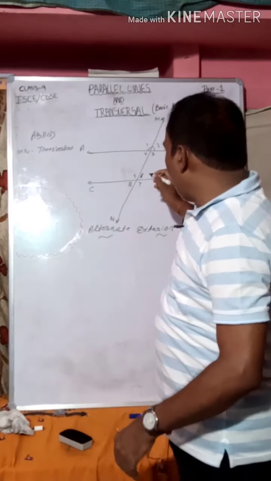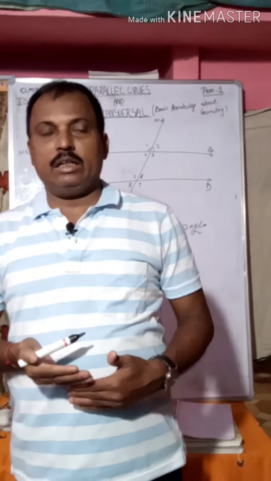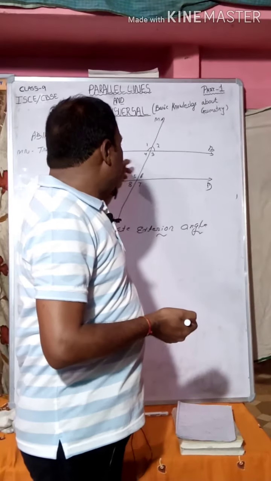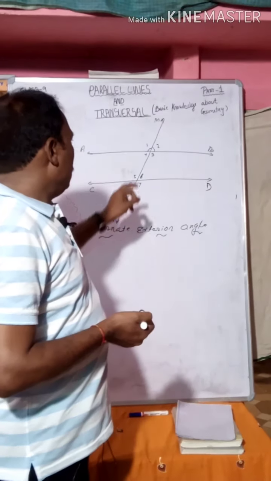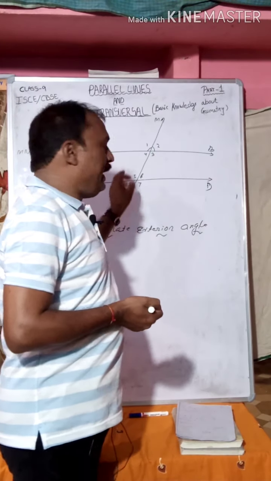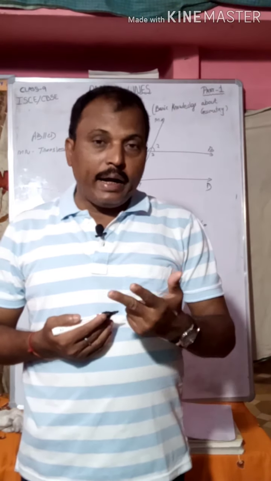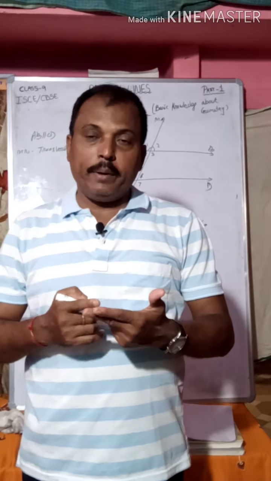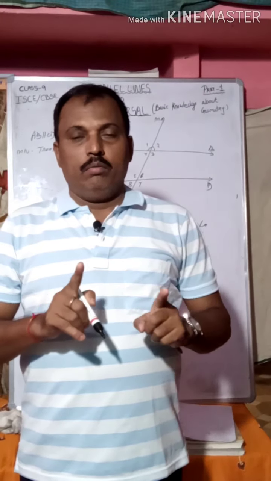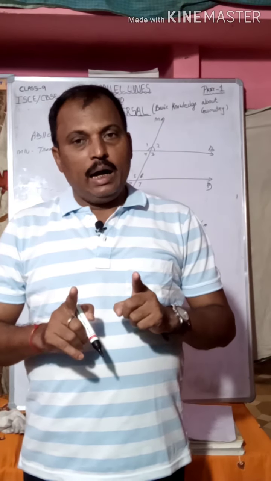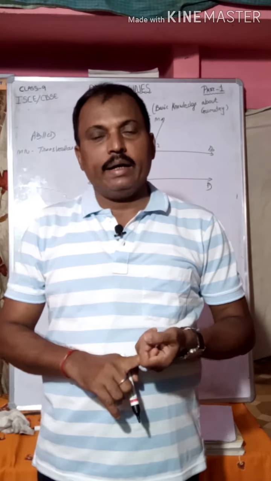So in the exterior part, angles 1, 2, 7 and 8 are exterior angles of two parallel lines AB and CD when MN is the transversal. Among those exterior angles, two angles should be alternate angles, meaning on both sides of the transversal, and they are not adjacent. They are called alternate exterior angles.